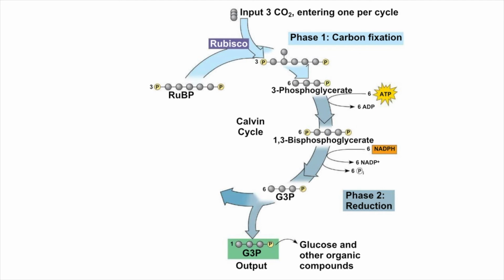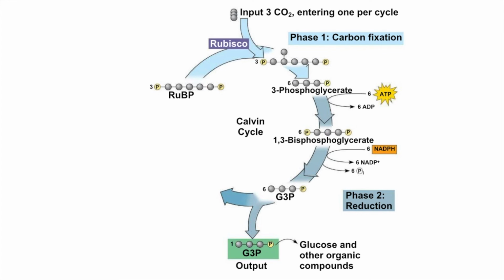Remember that at the very beginning of the Calvin cycle, we started with 3 carbon dioxide gases. But we know that we need 6 carbon dioxide gases to make 1 molecule of glucose. And that's because after the first round of the Calvin cycle, 1 G3P molecule exits that has 3 carbons. So we need a second round of the Calvin cycle to have a second G3P exit.